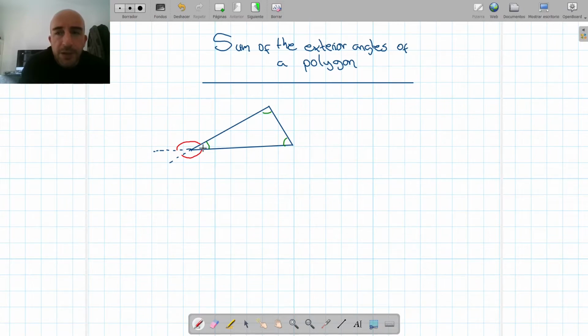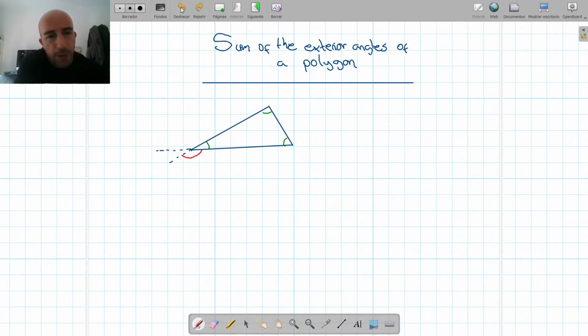We only consider one exterior angle per side, per vertex, okay? So in a triangle there's three exterior angles, as many exterior angles as sides or vertices that the polygon has, okay? So those ones there are exterior angles.